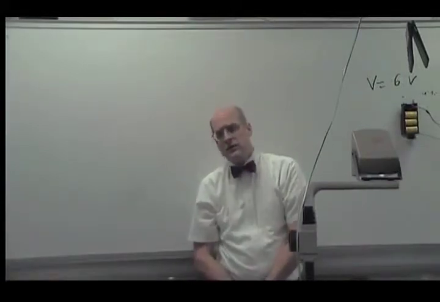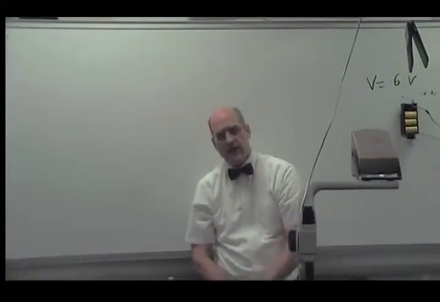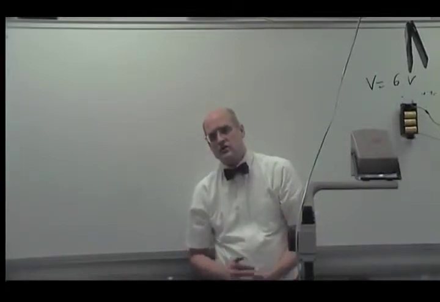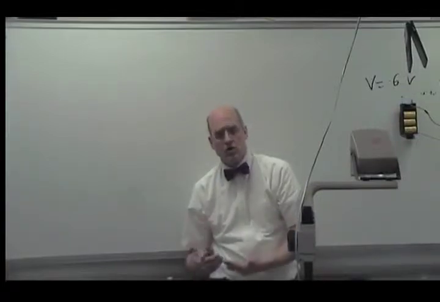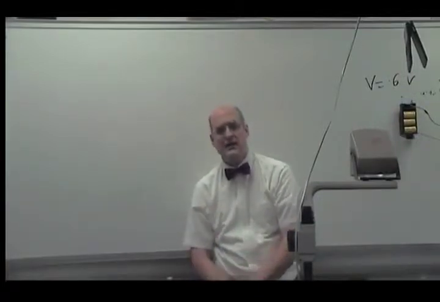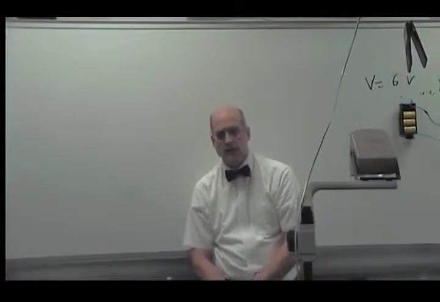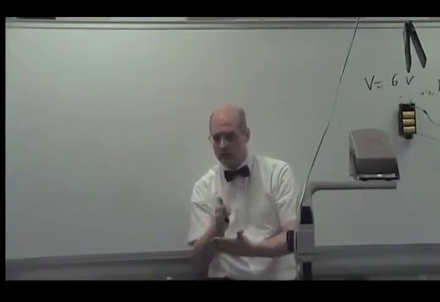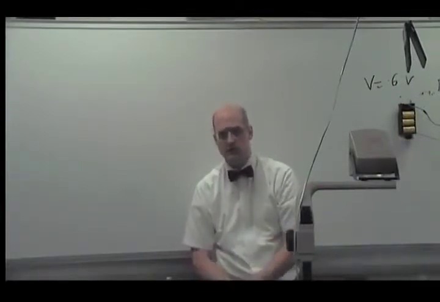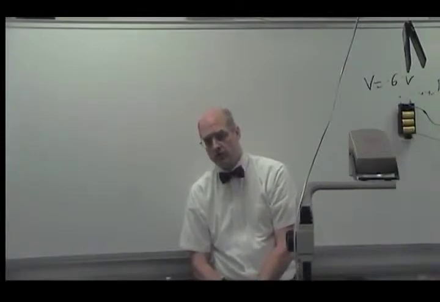Okay, so we know that a moving charge sets up a magnetic field of its own. And if that moving charge is in an external magnetic field, that moving charge will experience a magnetic force. And it turns out it will experience a magnetic force as long as it's cutting through the magnetic field. If it runs parallel to the field, it will not experience a magnetic force.